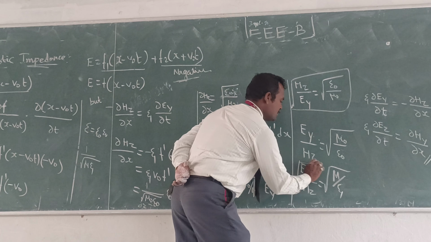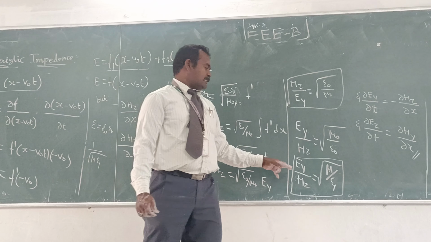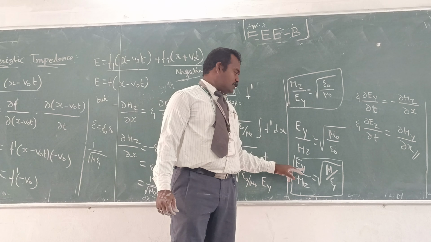That is the equation for the characteristic impedance of the uniform plane wave. E by H, the square root of mu by epsilon, is the characteristic impedance.